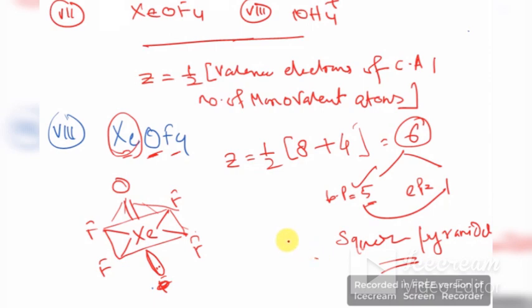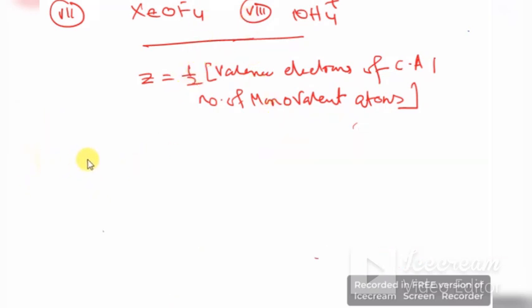And now we're going to see another structure, which is NH4 positive. We have to look at that. This is number 8, NH4 positive, and for the first time we are taking a cationic compound. Find the value of Z. Half of, nitrogen's valence electrons are 5.